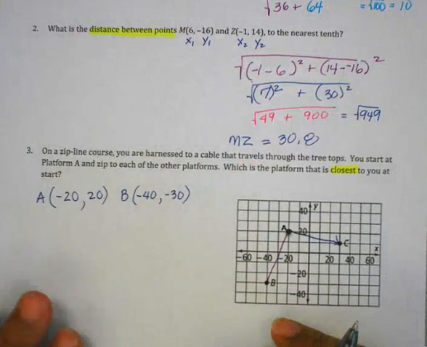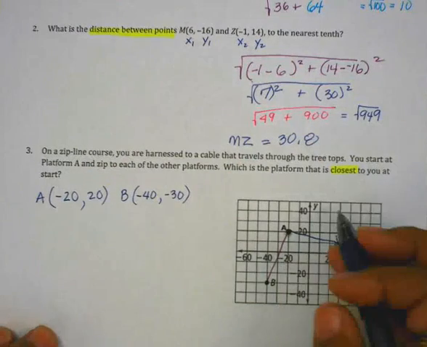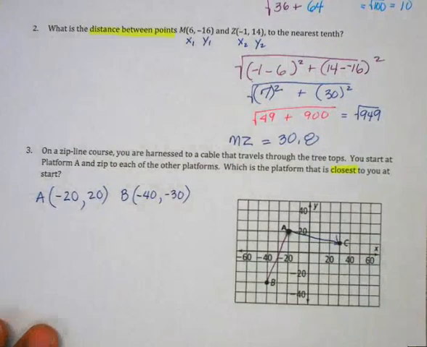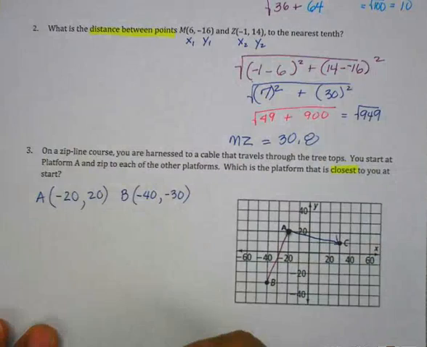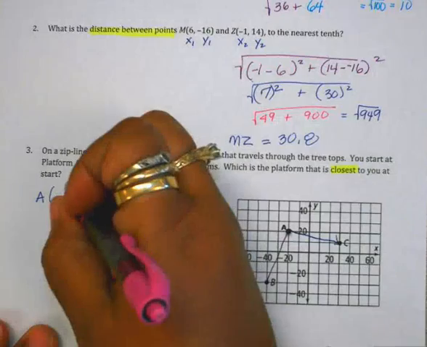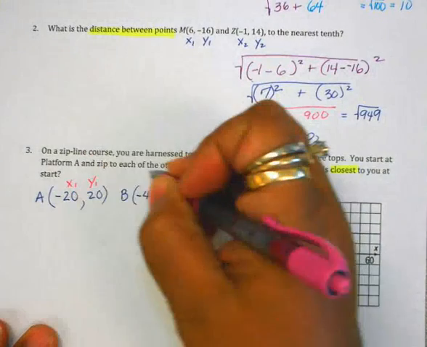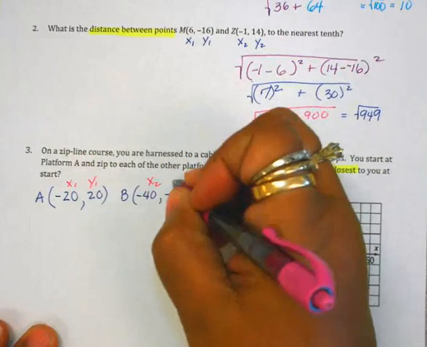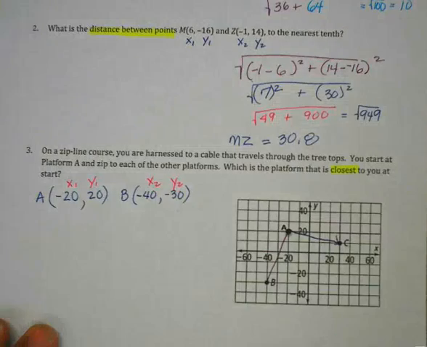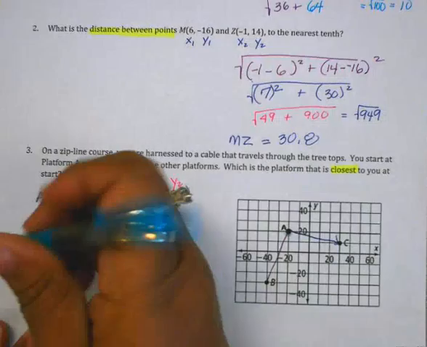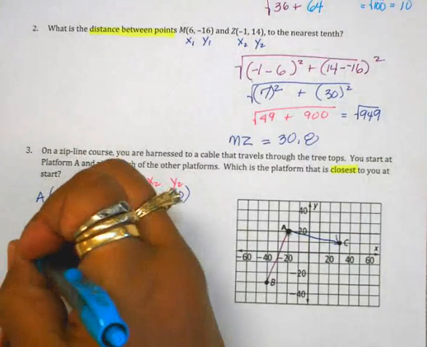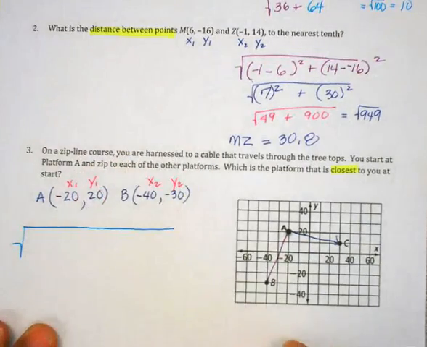Okay, so I want to know the distance from A to B. I'm going to label so I don't make a mistake. This is my x1, this is my y1, this is my x2, y2. And now I'm going to substitute their values into the distance formula.